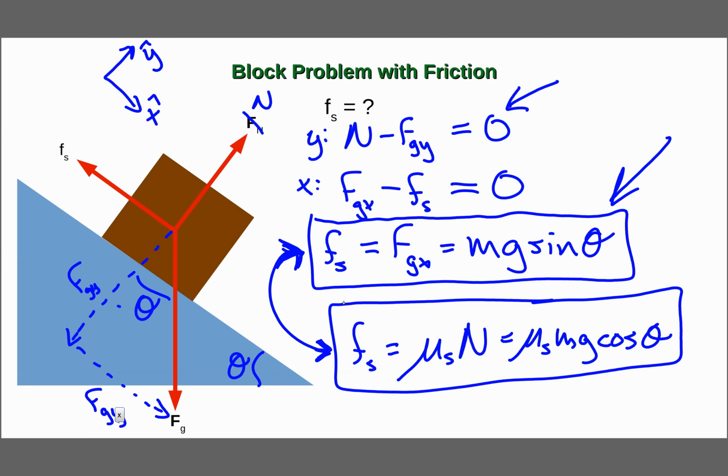If this one, the force that would be required to keep the box still, is bigger than this one, well then the box won't stay still. It will start to slide down the hill. If this one, the maximum possible force applied by static friction, is bigger than the force required to keep the box still, then the box will stay still, and the force applied by static friction will be the one that's required.